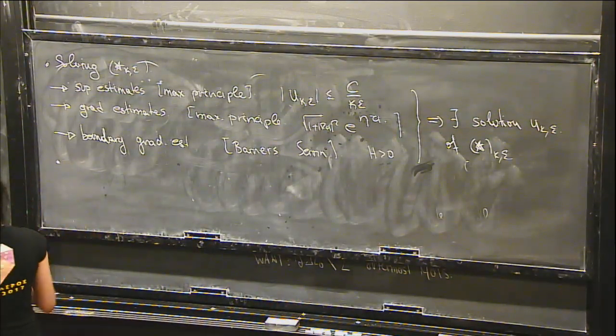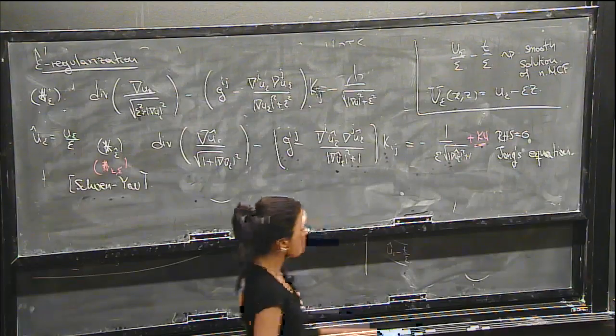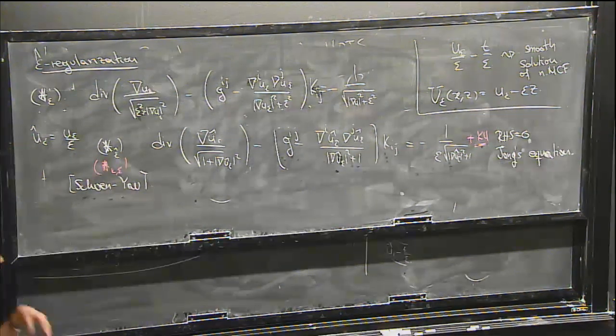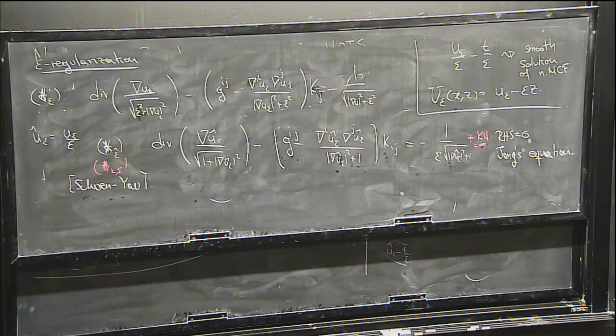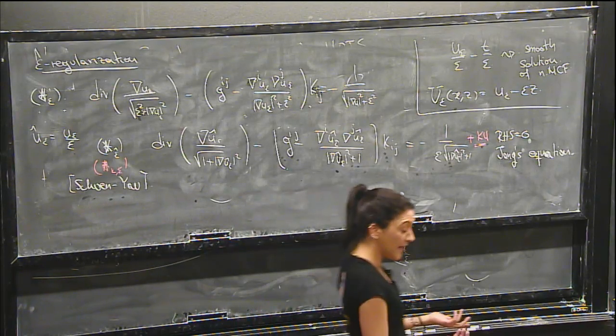Again, this problem appears in the work of Shen and Yao, because they do the same. It's exactly the same thing, but this term is not there. So what they do is instead of taking a limit of the functions, they look at the graphs of the functions, the surfaces, have estimates on these surfaces, and take a limit as a surface.